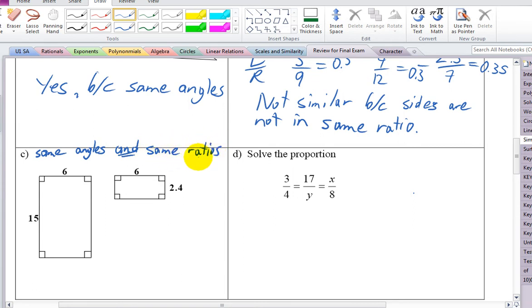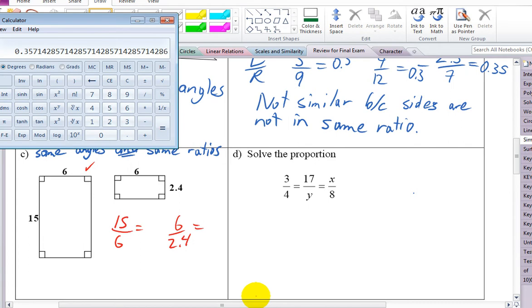Okay. So the angles are check. Okay, but what about the ratios? So we're going to have 15 divided by 6 and 6 divided by 2.4. So check them. Go.